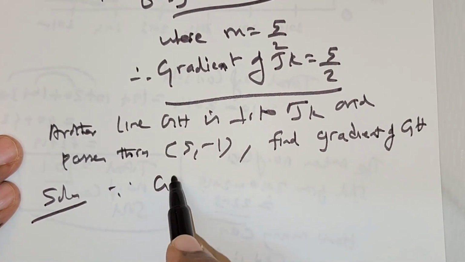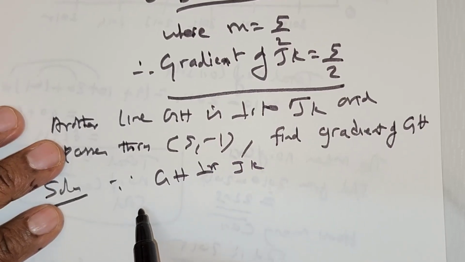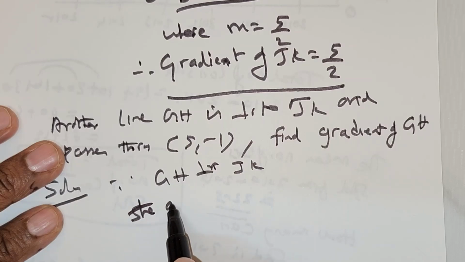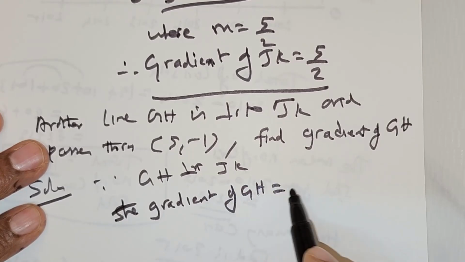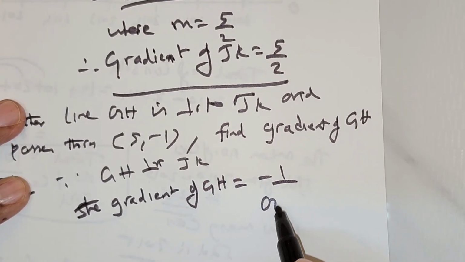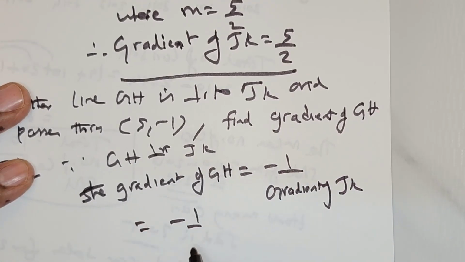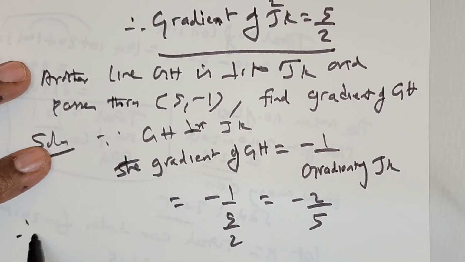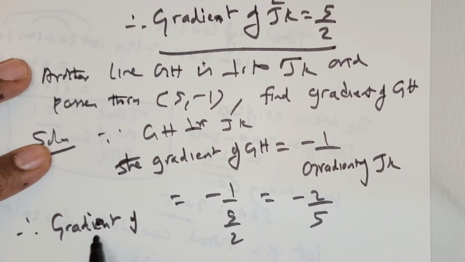Since GH is perpendicular to JK, this means the gradient of GH will be equal to negative 1 over the gradient of JK, which is negative 1 over 5 over 2, which is negative 2 over 5. So therefore the gradient of GH is equal to negative 2 over 5.